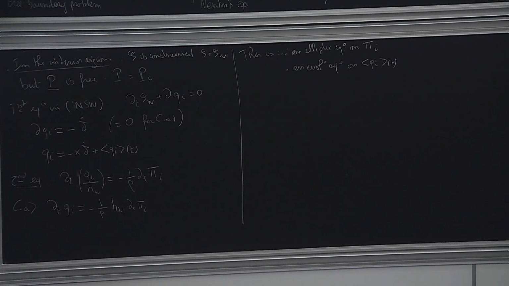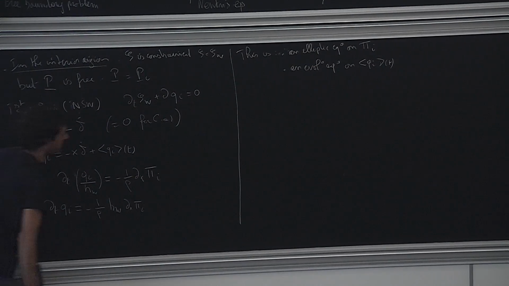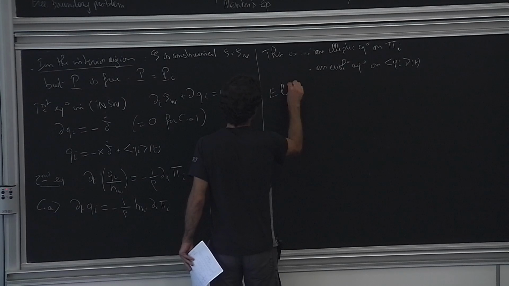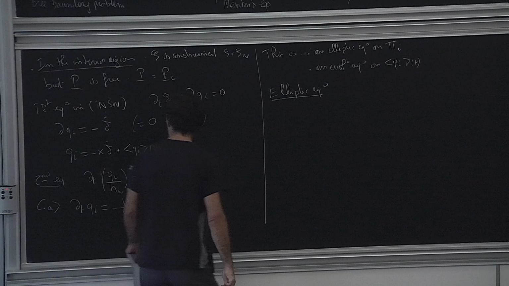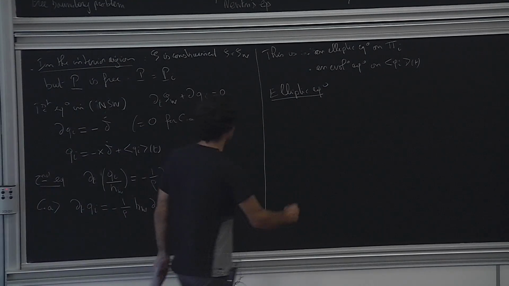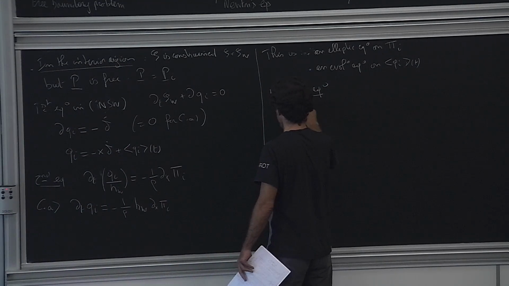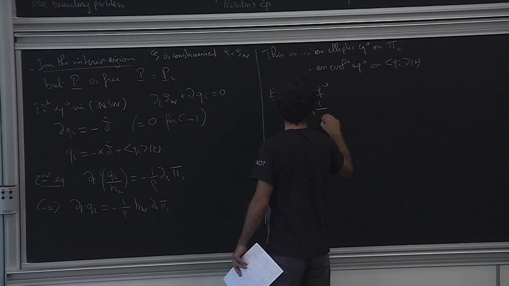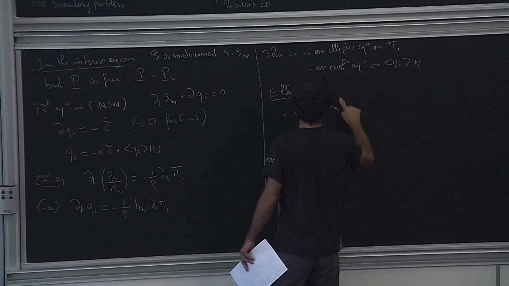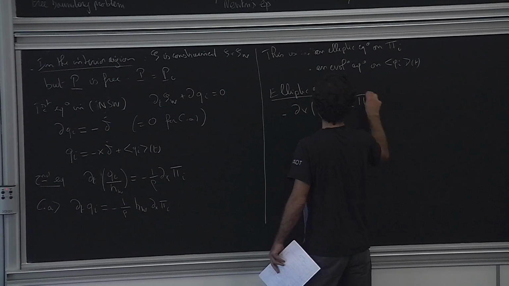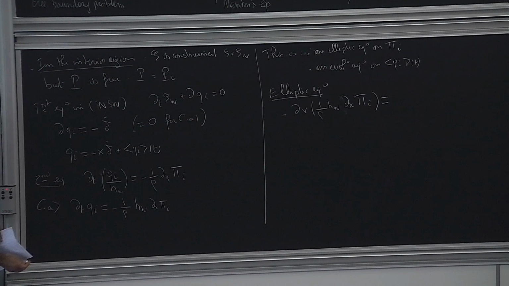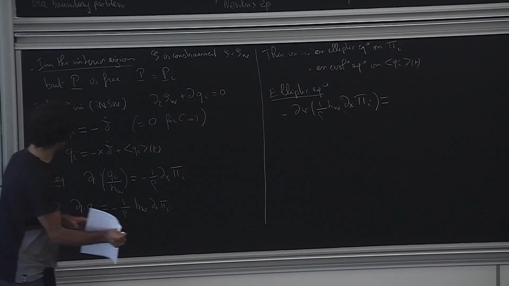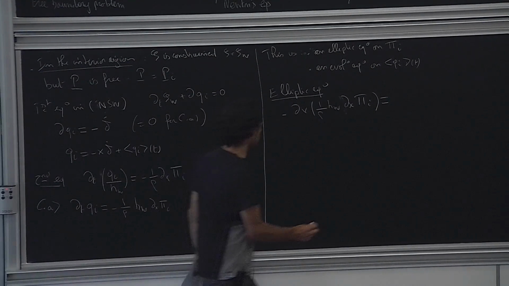So what is the elliptic equation? I apply dx to these two quantities. What do I obtain? Minus dx of 1 over rho hw dx of pi I is equal to dt of dxq, and dxq is minus delta dot, so it's minus delta dot dot.